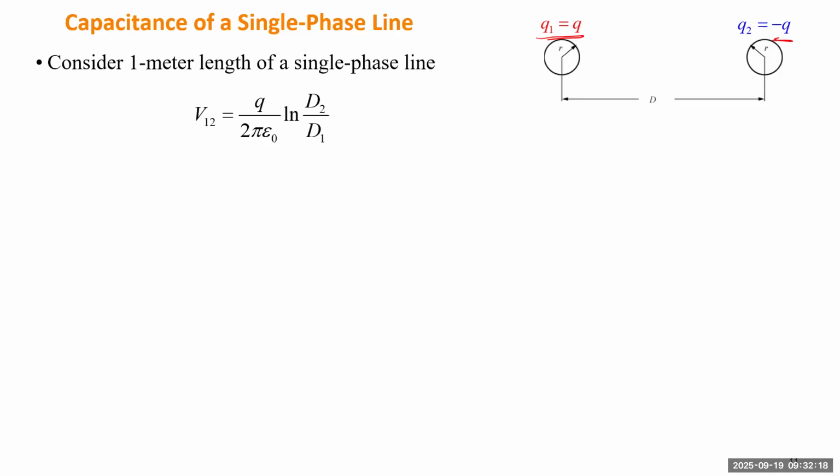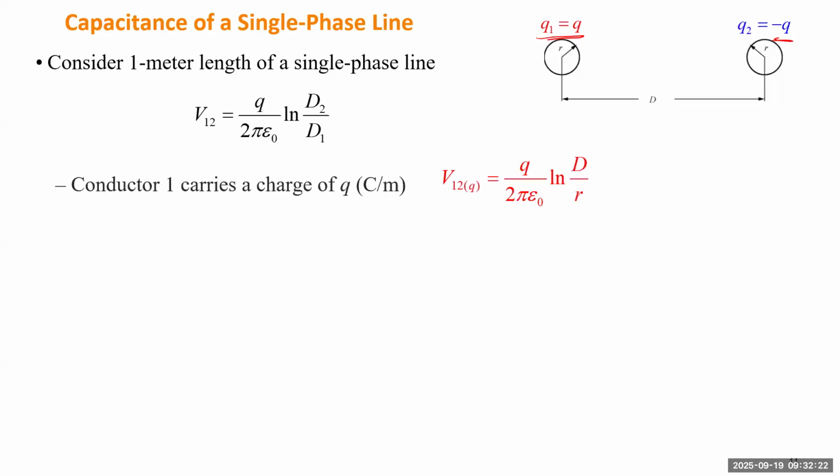So let's calculate the capacitance for those two conductors. Conductor 1 carries a charge Q. This charge is per unit length, coulomb for each meter, C per meter. So in this formula, d2 will be the distance, and d1 will be the radius.